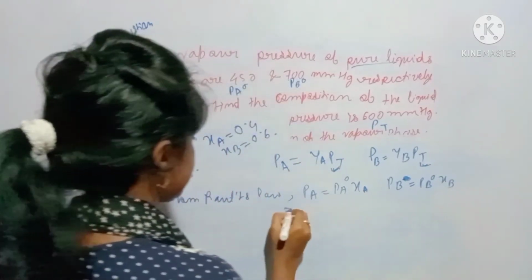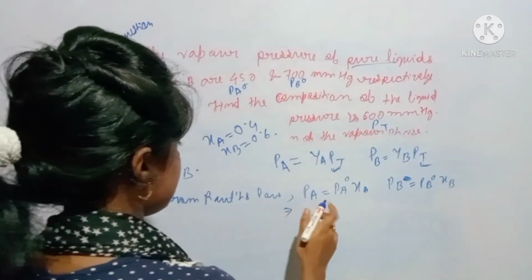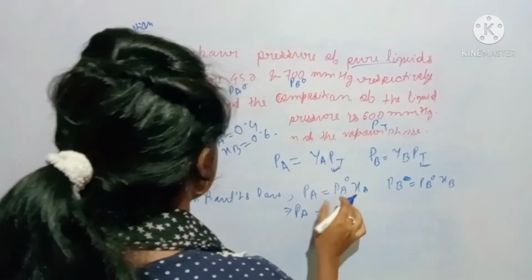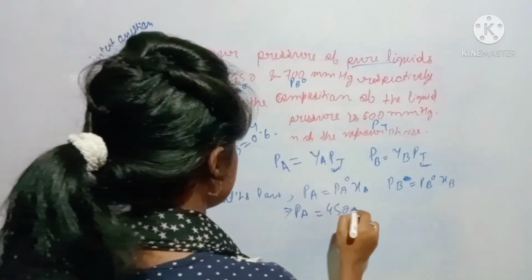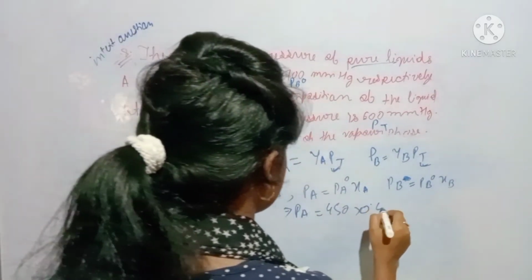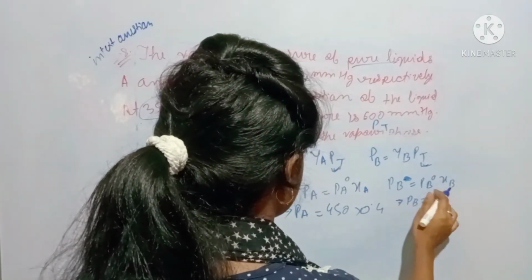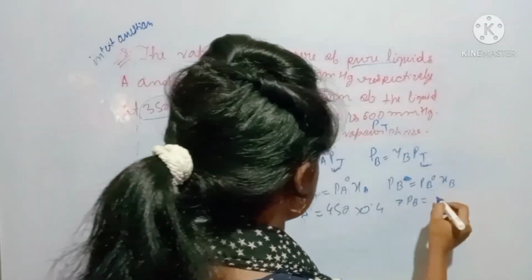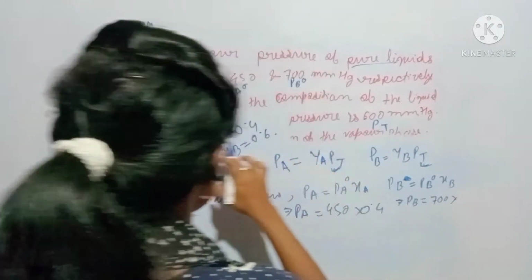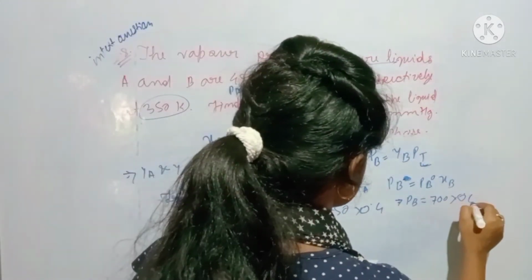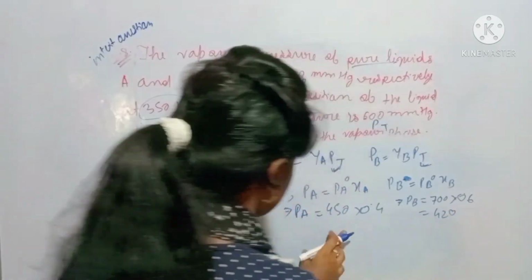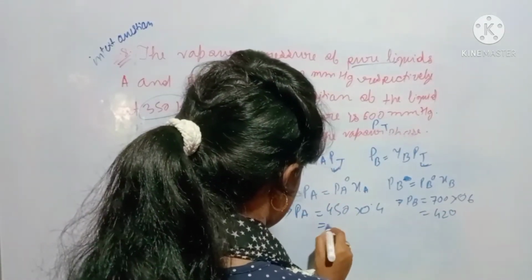So for PA, PA naught is 450 into XA value 0.4, and for PB, PB naught value is 700 into XB, 0.6. So it's 180 and it's 420.